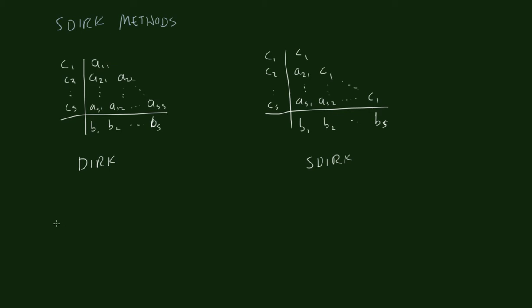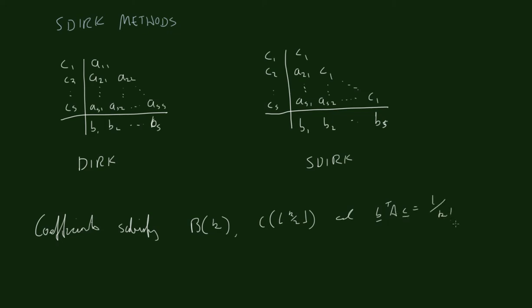What we use is coefficients A, B and C that have to satisfy your B^T C^(k-1) = 1/k condition, the row sum condition, and also they have to satisfy the B transpose times A times C is 1 over k factorial condition.